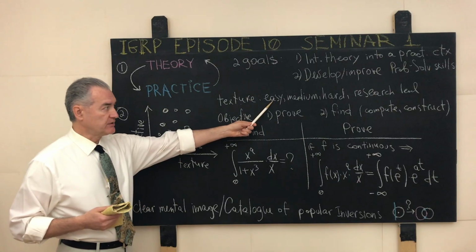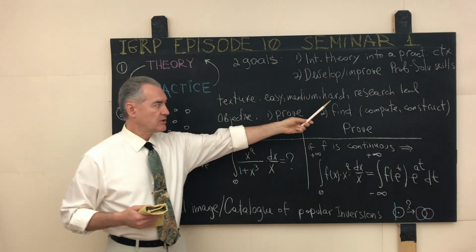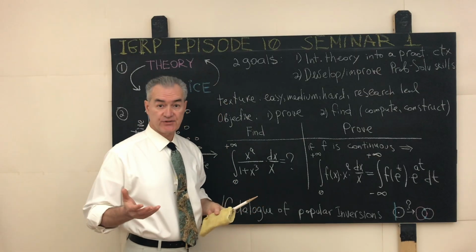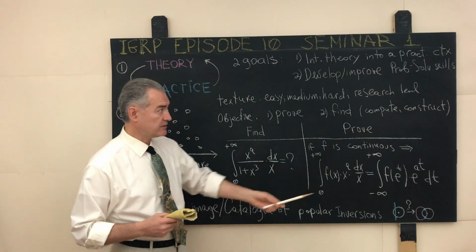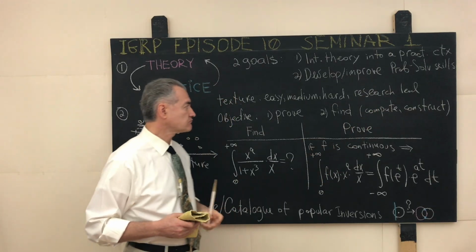That problem could be perceived to be, for example, easy, medium, hard, very hard, a 3 asterisk problem, a 5 asterisk problem at the end of the textbook, and the research level problems.